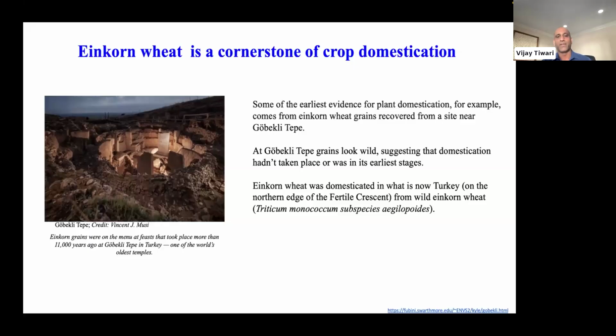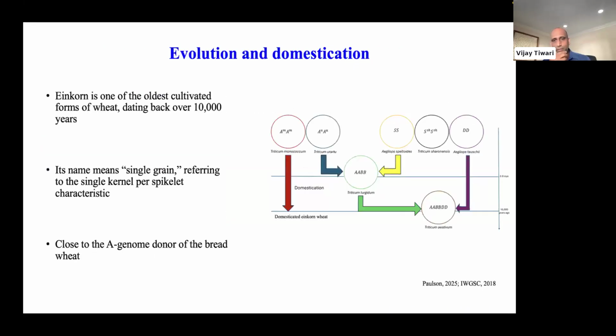Then there is some evidence suggesting that about 25 to 30 miles up north in northern Turkey, wild einkorn was domesticated. That shows a trend that probably at Göbekli Tepe they saw the value of einkorn wheat and started working with it, and that's why they maybe domesticated einkorn wheat later in northern Turkey. That also shows a very unique perspective of einkorn as our cornerstone crop.